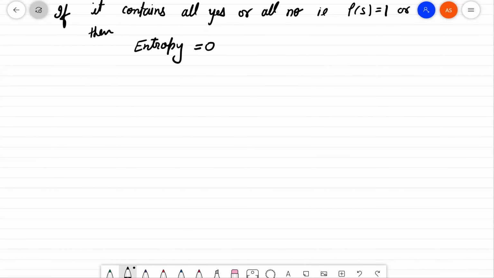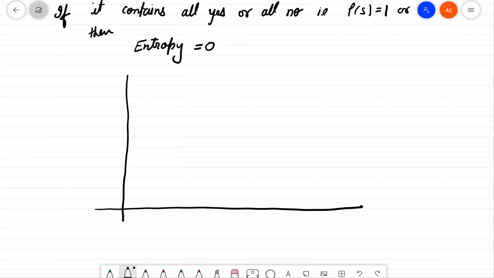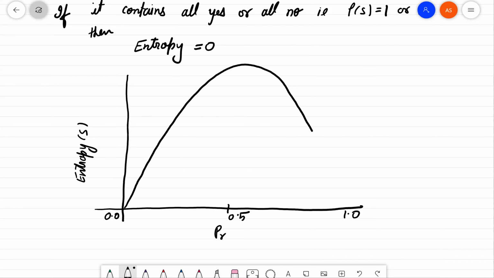We can understand this with the help of a diagram, with the help of this graph. Here is entropy, and here is the probability, with values 0.0, 0.5, 1.0.